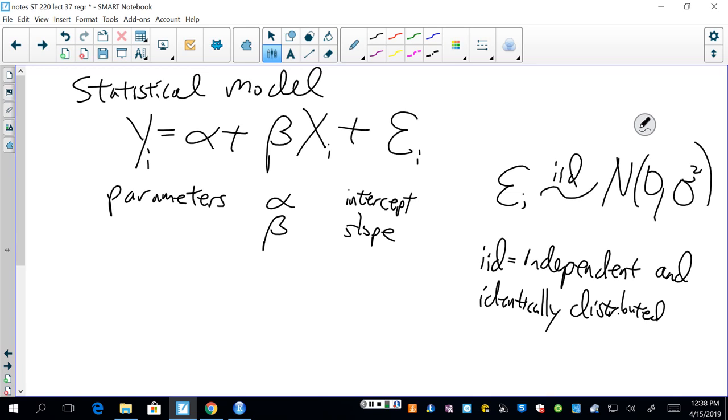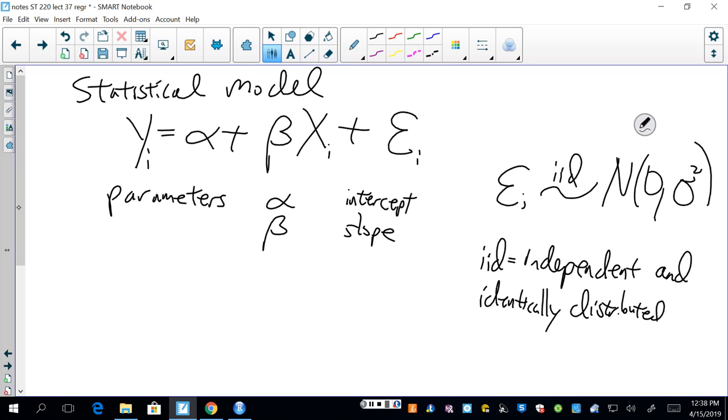The points don't really fall on that line, but there's some random noise about the line. On average you're on the line, because the average error is 0, but you're plus or minus a couple standard deviations, typically, around that. And the shape of the error distribution is roughly normal.